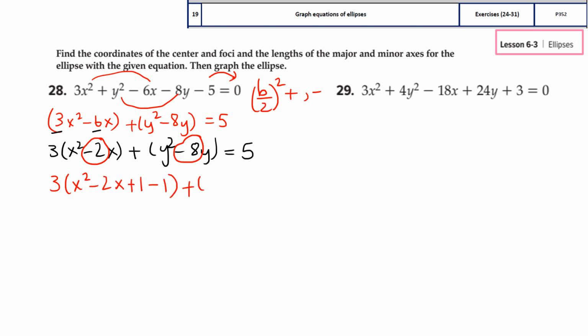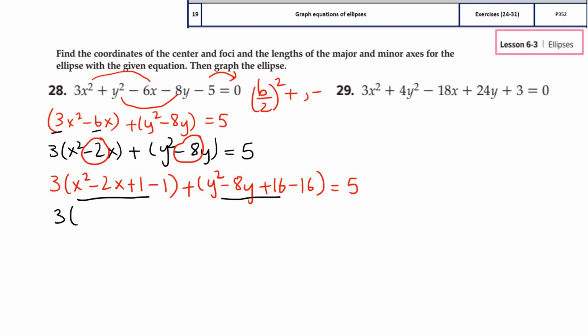Okay. Similarly for this one, the value of b is minus 8. So b divided by 2 is minus 4 and its square is 16. So I add 16, I subtract 16 and that's what you get. Now I can combine these terms and these terms using algebra and the square identity.